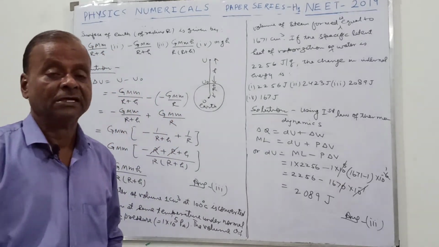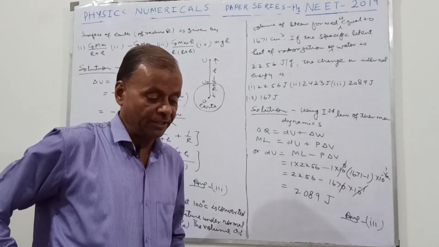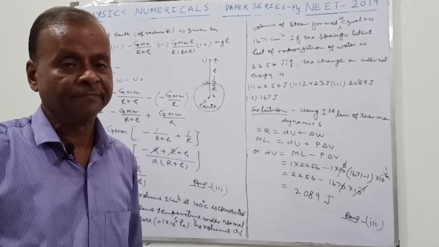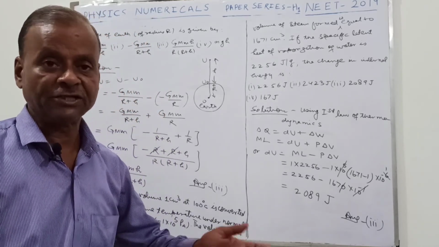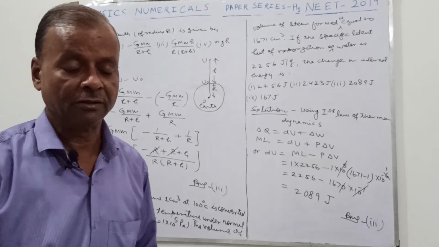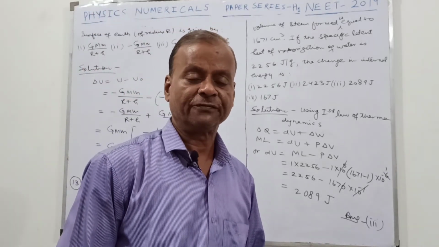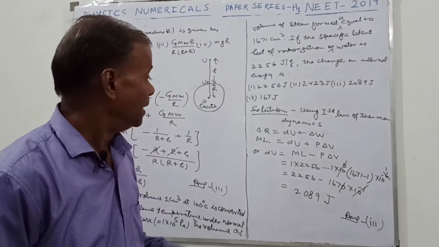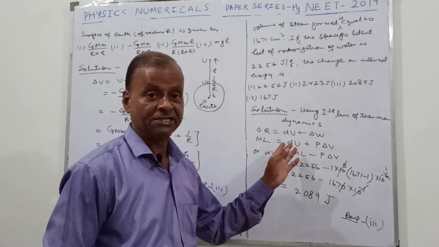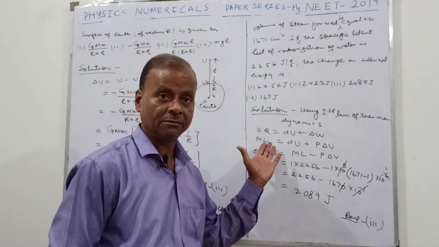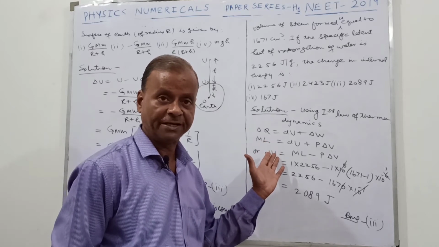So how to find which law is to be applied and which formula is to be applied? You see here that there is a change of state, so we go to the chapter of thermodynamics. There we study the first law of thermodynamics, and you have to find the change in internal energy. You are given the latent heat of vaporization.